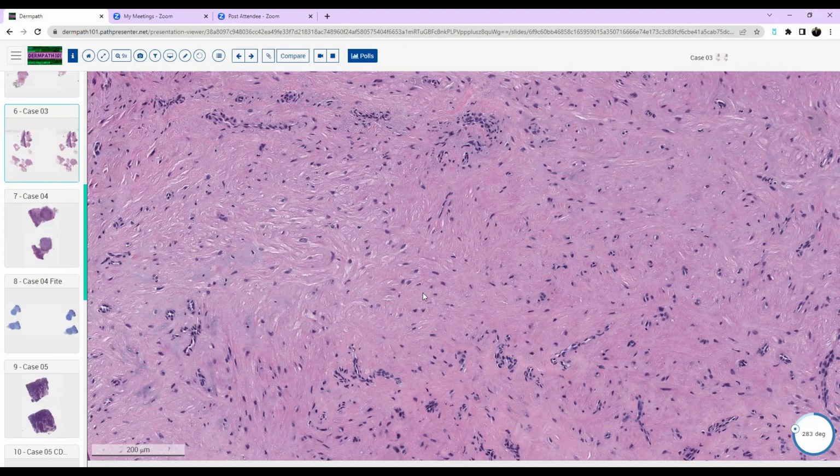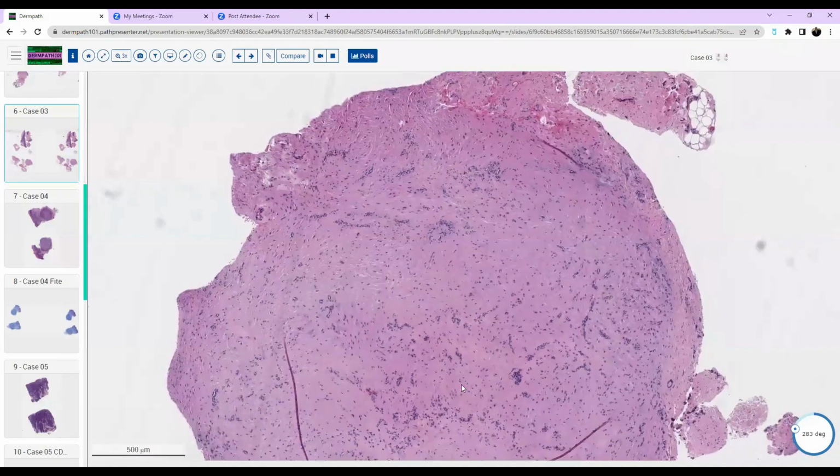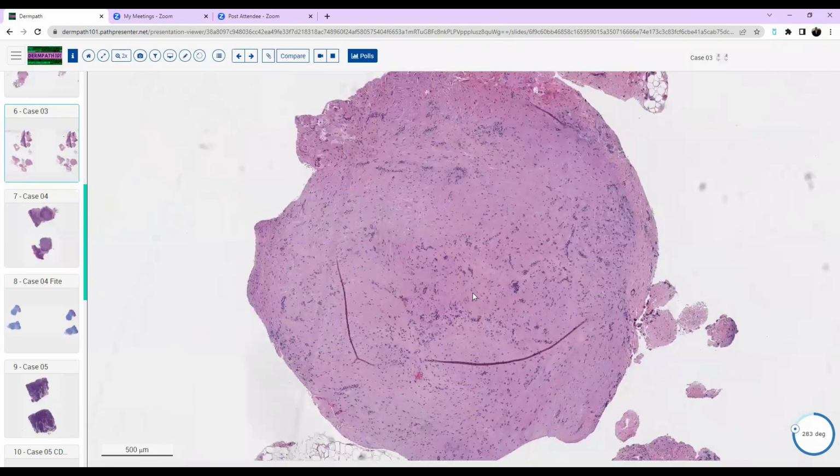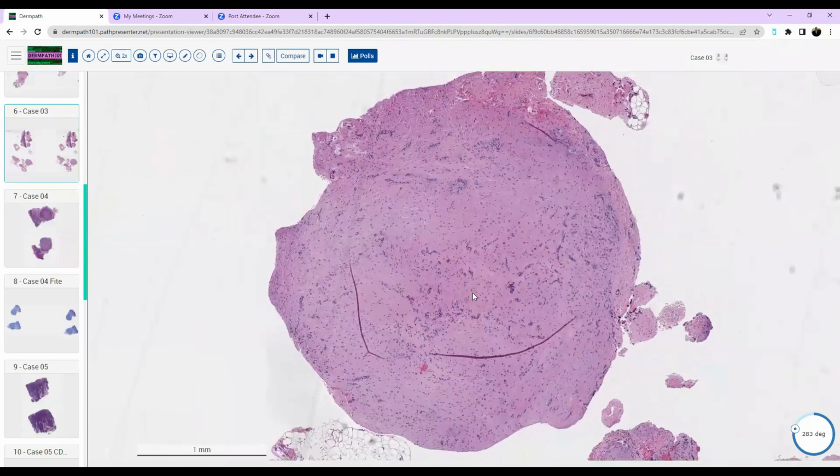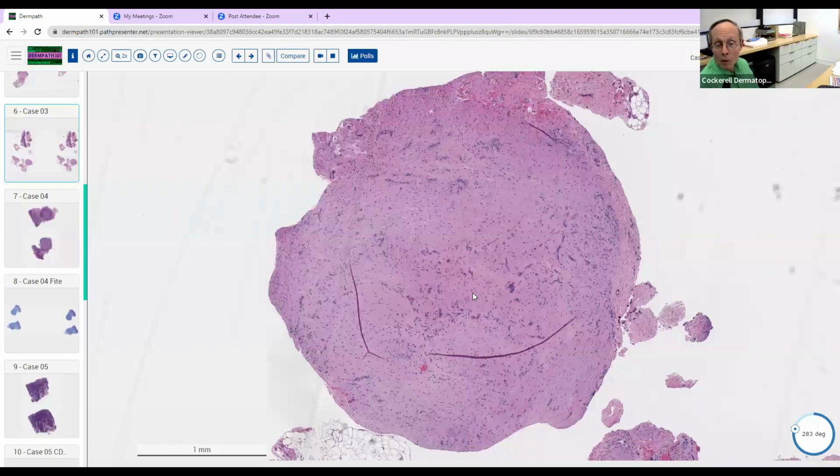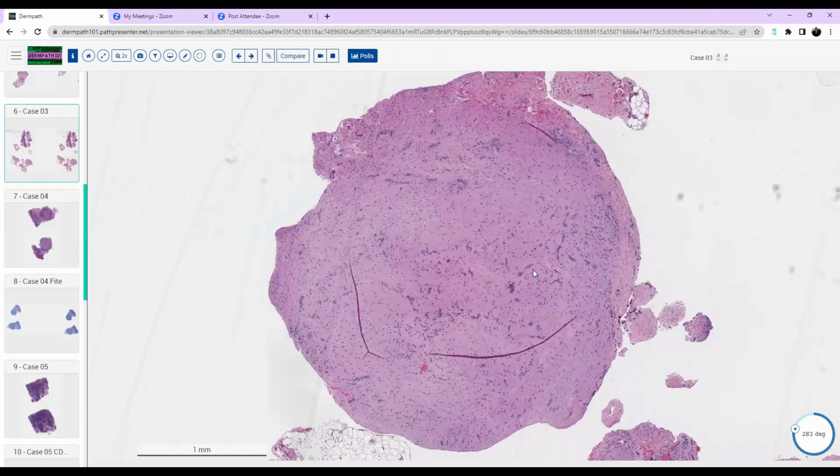Okay. So other fibrohistiocytic things. Remember, we're on volar skin. It's not really painful. If you were to touch an angioleiomyoma, that's going to be painful. So the non-painful tumor.